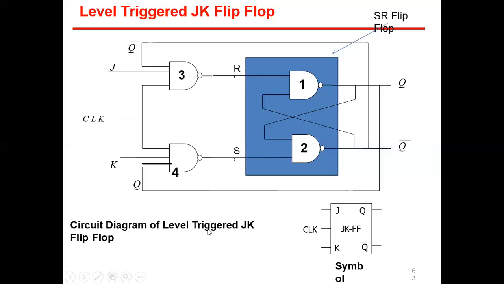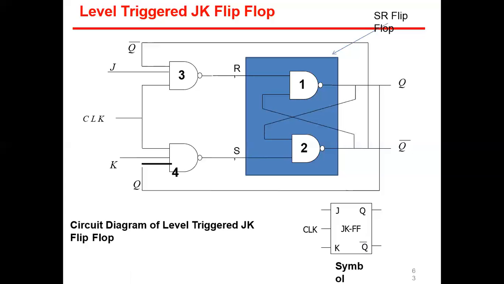Circuit diagram of the level trigger JK flip-flop. The clock signal is a train of rectangular square waves. It is passed through a differentiator, a C2R1 network as rectifier, to obtain positive peaks. NAND gates 1 and 2 form an SR latch.